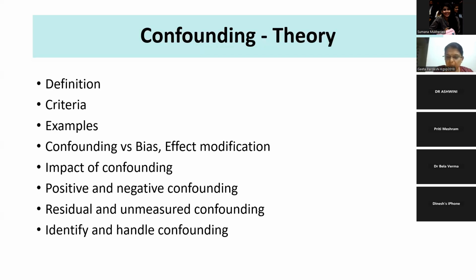Ma'am, I want to ask a question. If there are too many confounders in a study, is it really a good study then? There are so many confounders, and how will we keep explaining? Yes. So you can think of the main confounders.